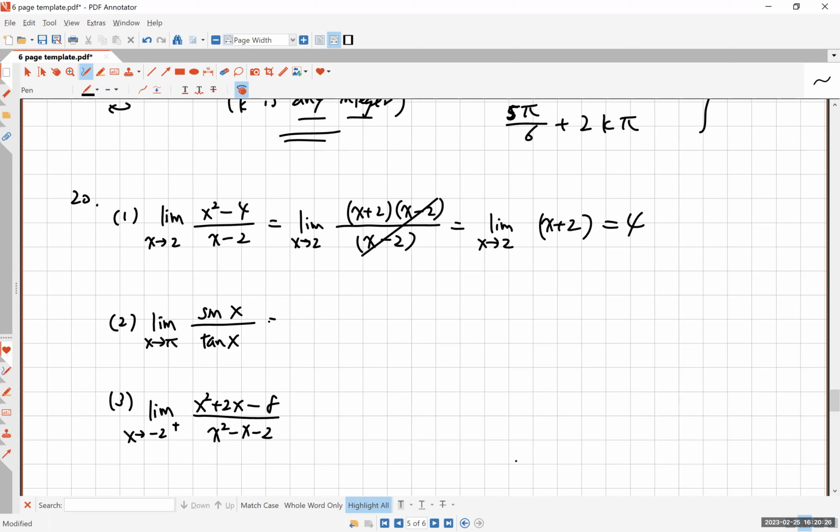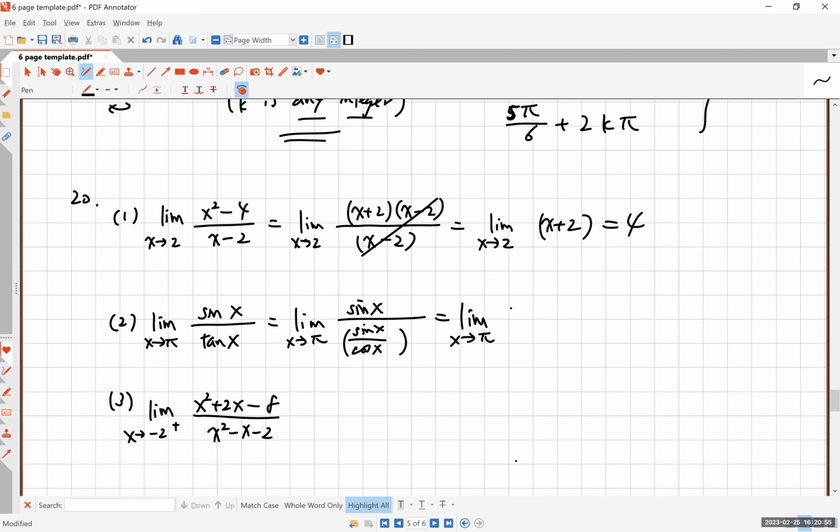Next, you have the limit as x approaches pi of sine of x over tangent of x. Sine of x is 0, tangent of x is 0. You have 0 over 0 if you try to plug in. But let's try to do something else. What's tangent? That's sine x over cosine of x. As we have seen before, the bottom of the bottom goes on the top.